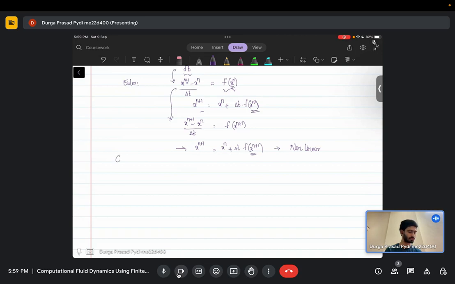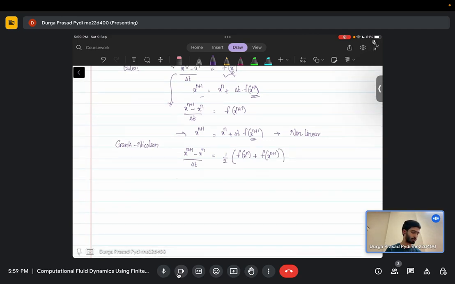What Crank-Nicolson does is, it's a kind of semi-implicit method, where you just take contribution from both of them, like half of each. So you will consider the same left side, x n plus 1 minus x n by delta t. However, on the RHS, you will consider both the current time step as well as the next time step. So now you have to solve your equation.